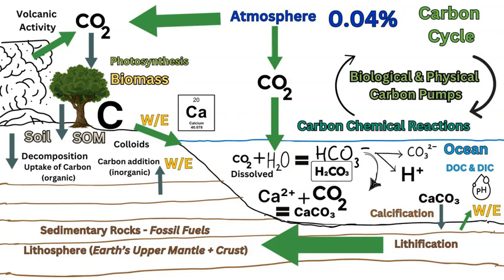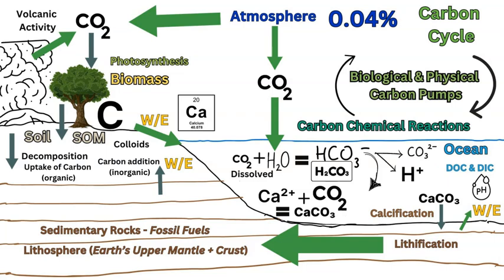For example, you add more CO2 in the atmosphere, you'll get a naturally more dissolved CO2 in the oceans, and that will cause a higher amount of free hydrogens to be produced through dissolution, through the chemical reactions, and that would then lower the pH of the oceans.